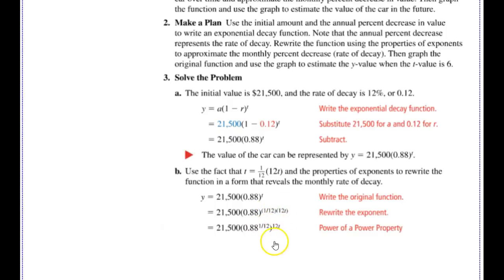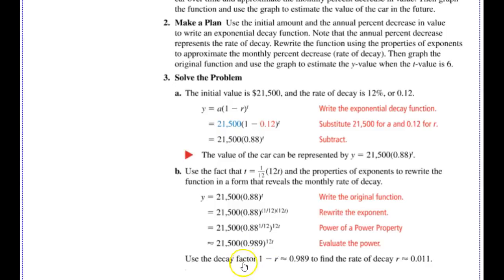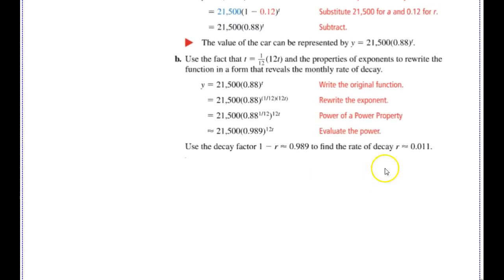I use my power of a power property, and I can evaluate the power and figure it out. And so my rate of decay is right there for you. Then I can always take my decimal, move it over 2 places, and turn it into a percent. So this is my monthly percent decrease.